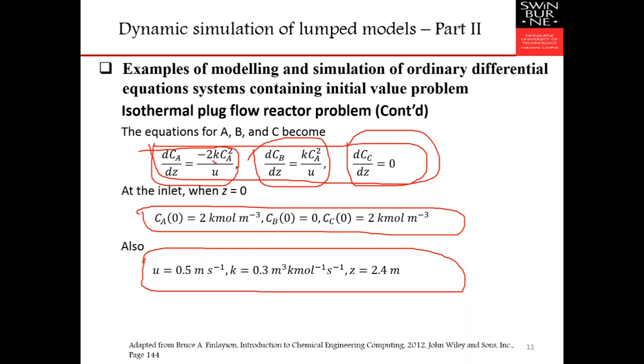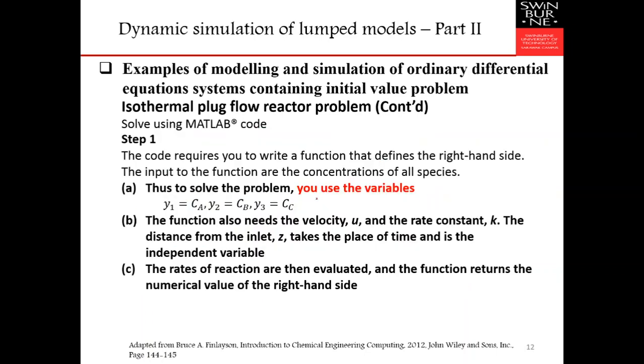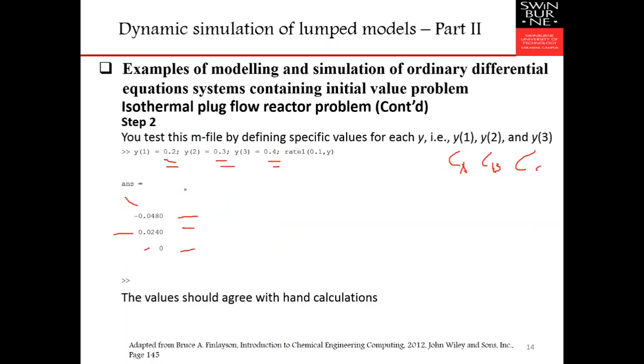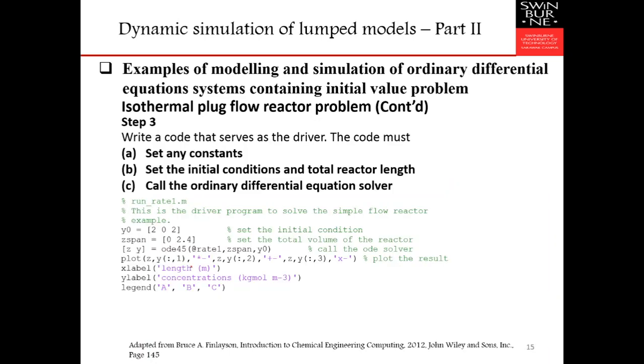You need to substitute k with whatever is given here, with U here, and CA is assumed as 0.2 for this particular case. So you have to cross-check it yourself, and using a hand calculation, you can see that it will be equal to minus 0.048, 0.024, and 0.